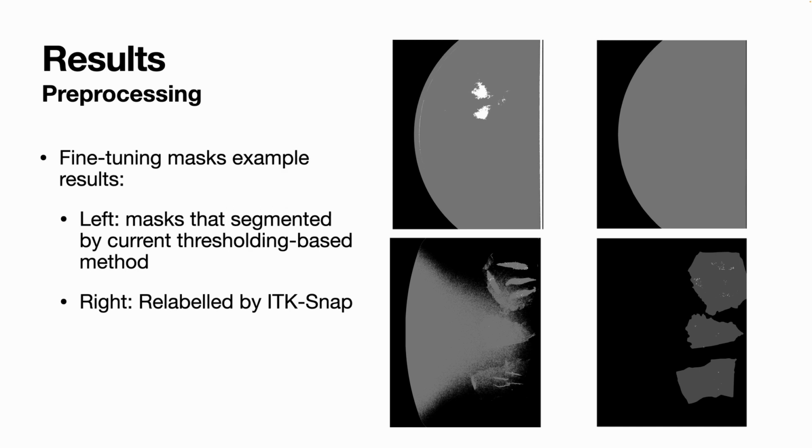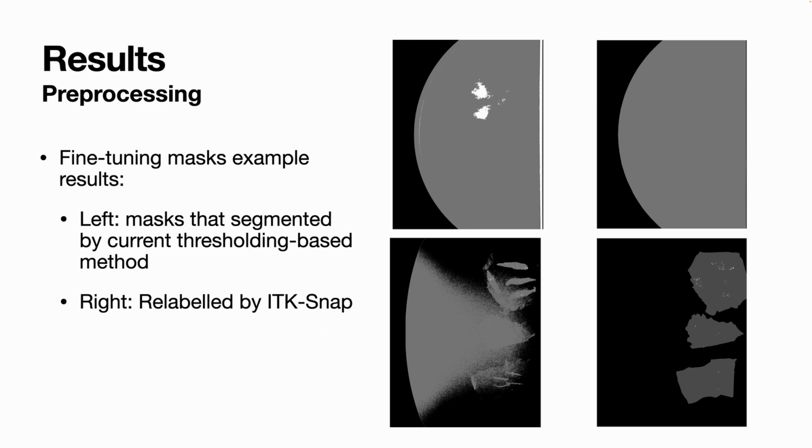Now, it's time to have a look at the results. First, the result from the pre-processing step. I will break down this step into several sub-steps. The first one should be labeling, also called fine-tuning the mask. It is the step prior to any other steps.